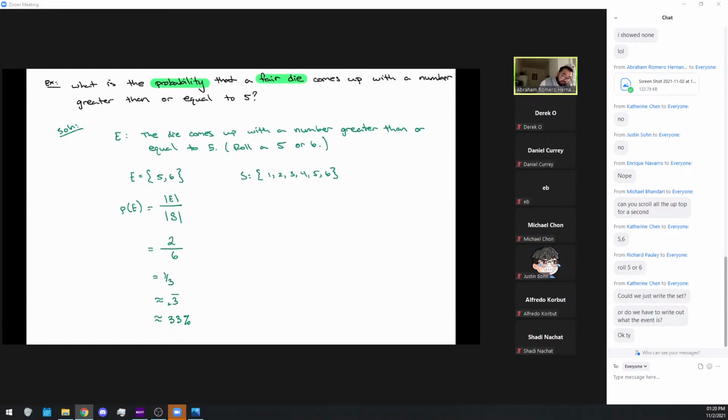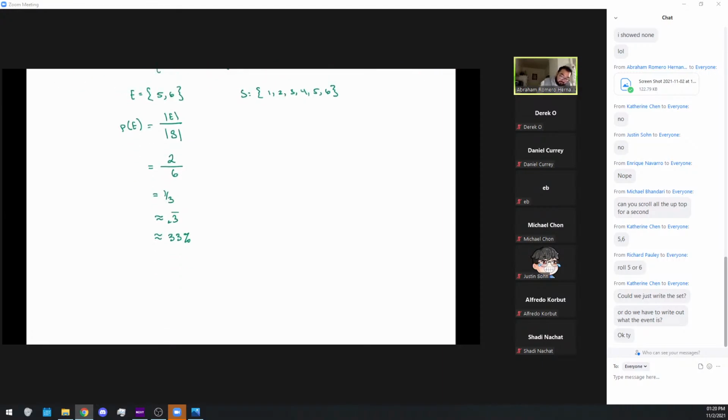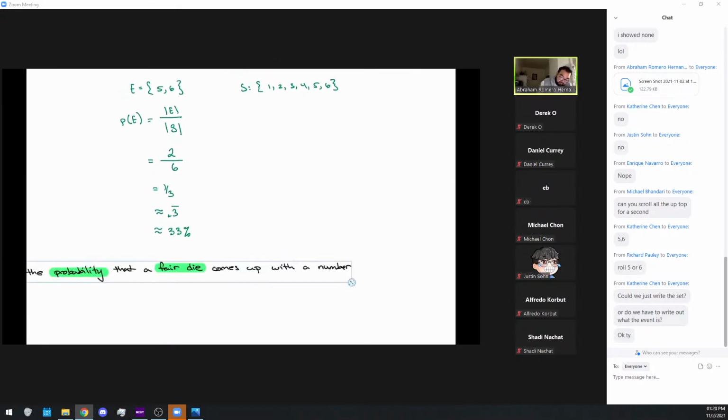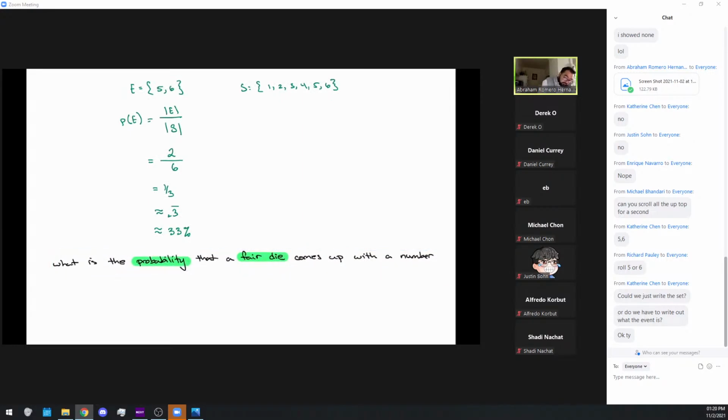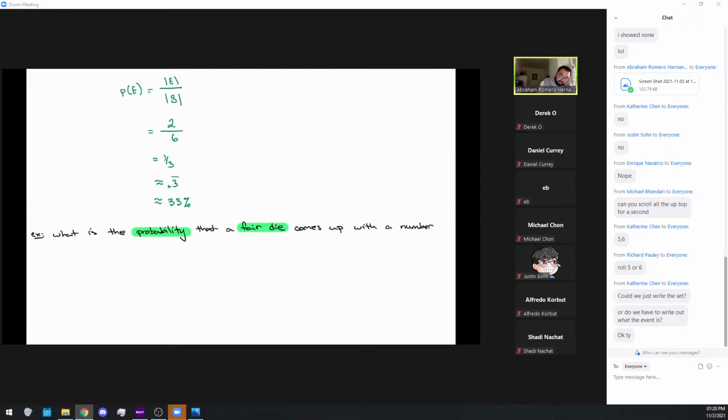Let's say the same question, but now I say this. What is the probability that the die comes up with a number greater than 6?